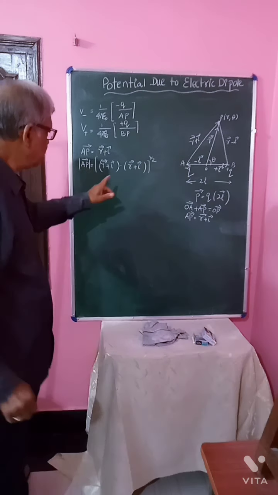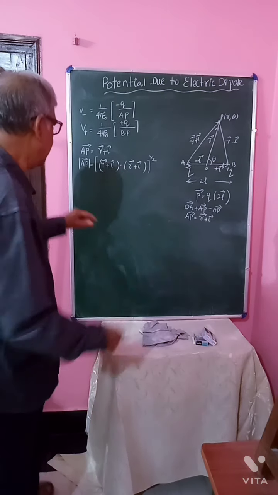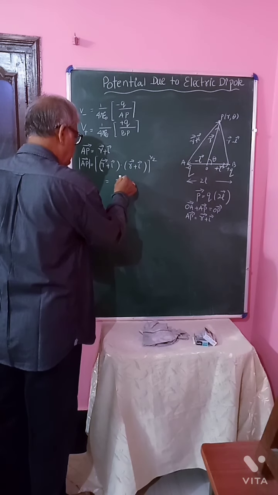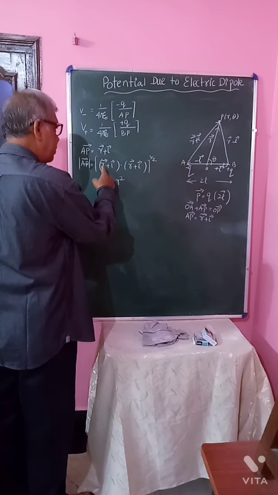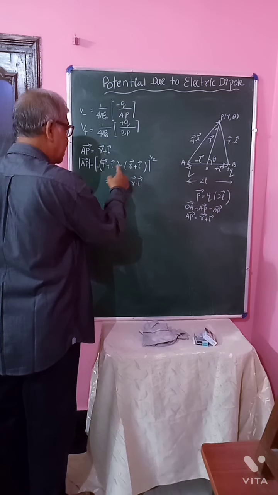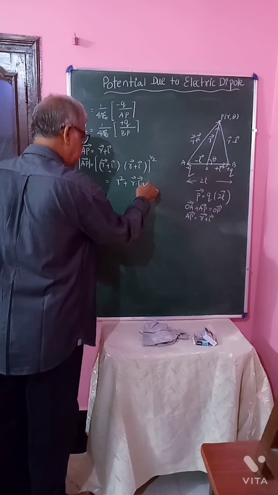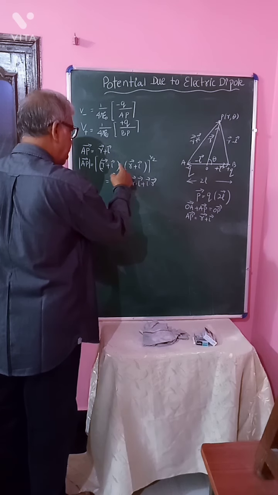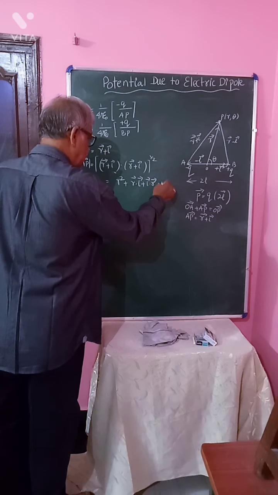Taking the dot product, r vector dot r vector is r square, r dot L, L dot r, and L dot L is L square.